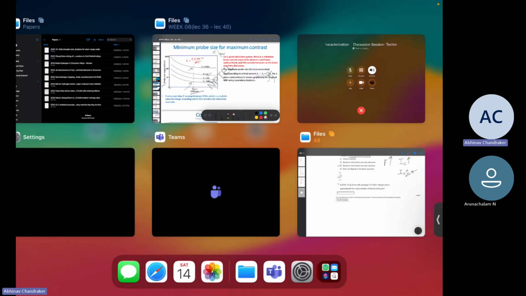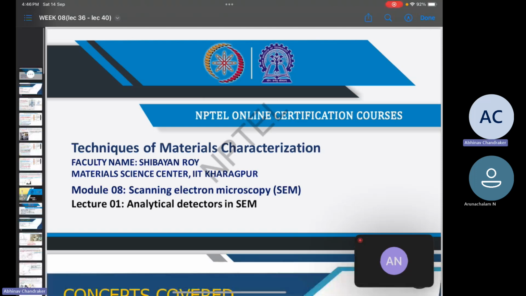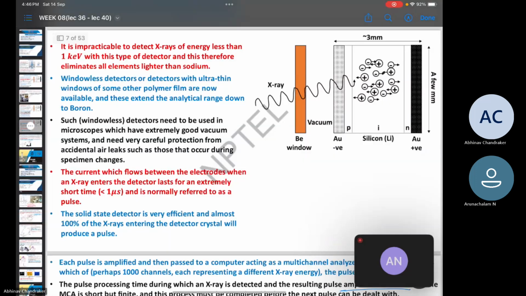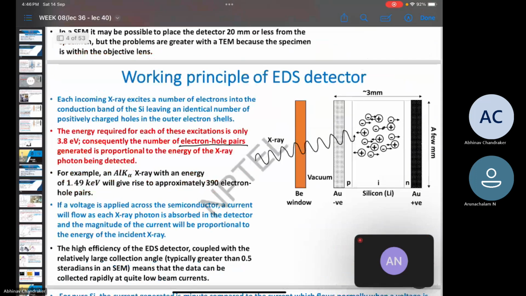Let's go to the corresponding slides in the lecture. Here we see that for this silicon based semiconductor, the energy required for generation of each electron hole pair is constant at about 3.8 electron volts.